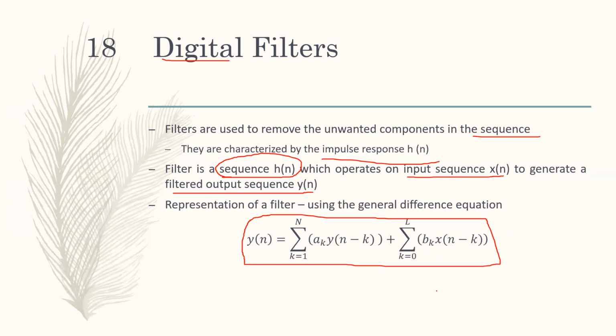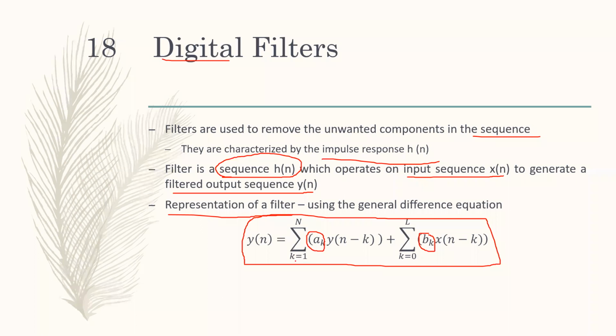So this is a general expression. In this case, one important thing we have to identify is the coefficients. If I am able to identify these coefficients, using them I will be able to obtain the desired filter.